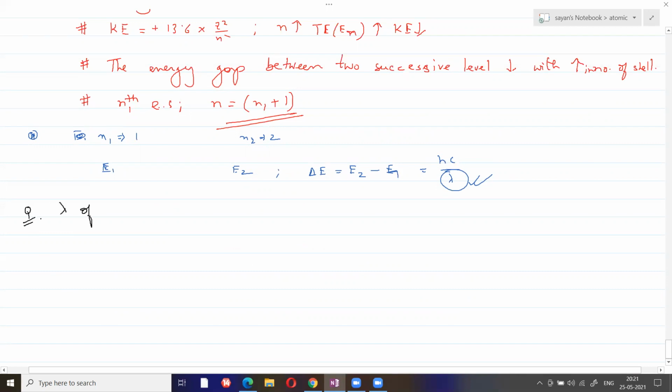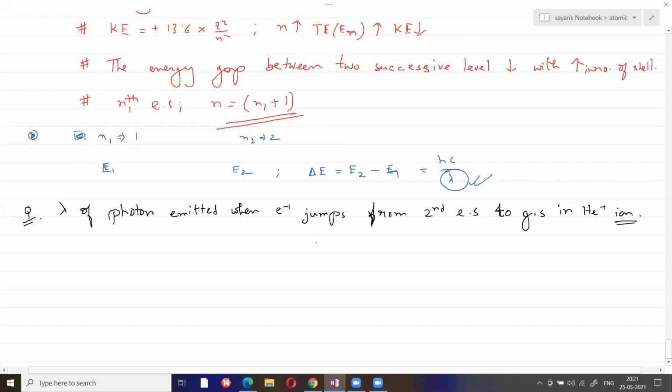Calculate lambda of the photon emitted when an electron jumps from the second excited state to the ground state in a helium plus ion. Okay, solve it quickly.